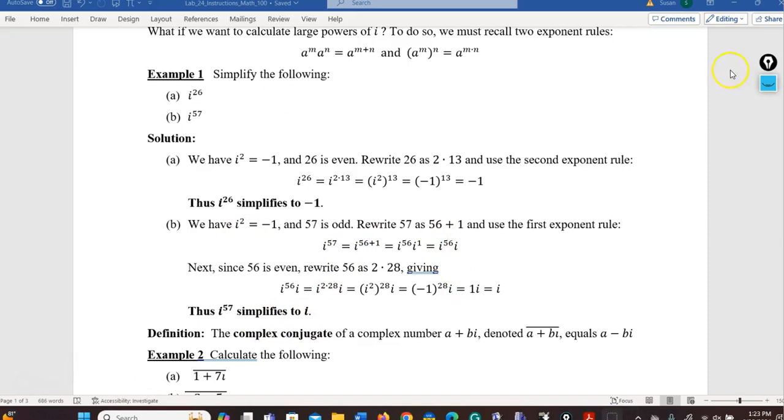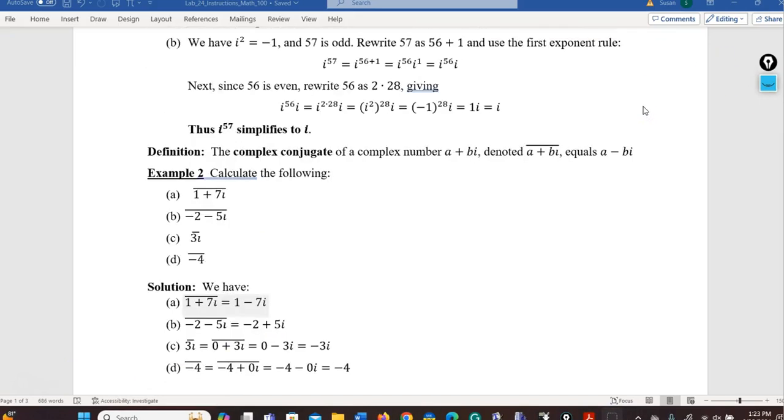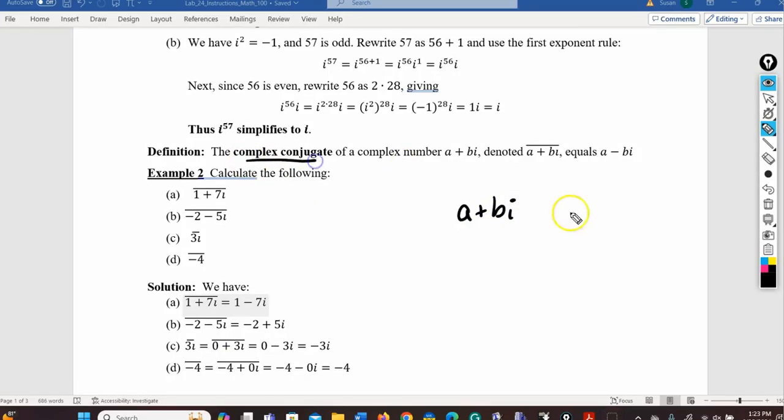Okay, so continuing on to a new definition. If we have a complex number, then the complex conjugate of it, and we write it with a bar over the top, we keep the same real part, but we change the sign of the imaginary part.